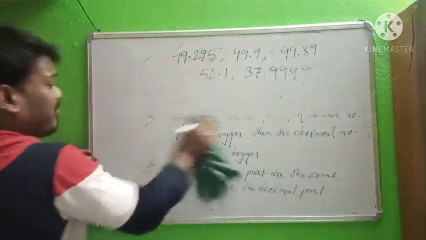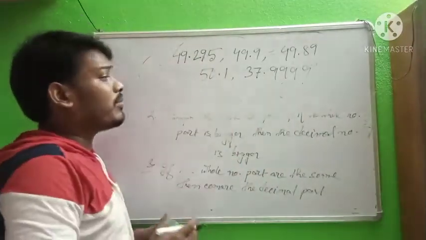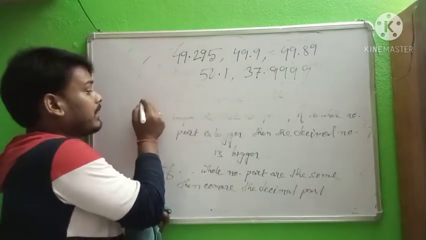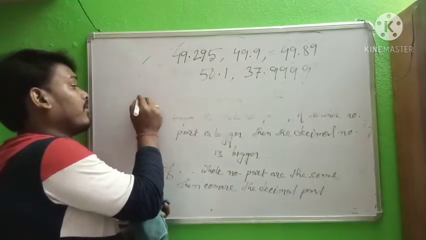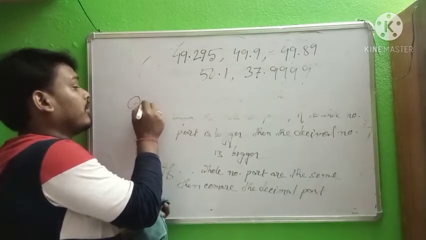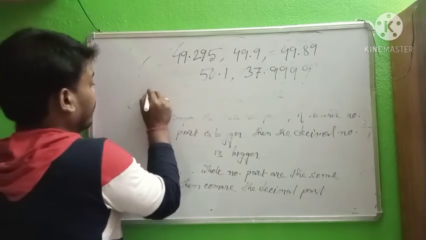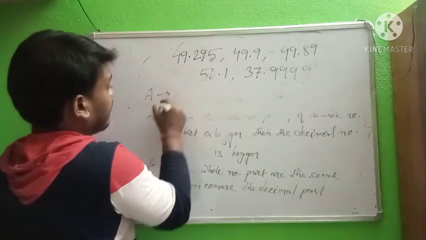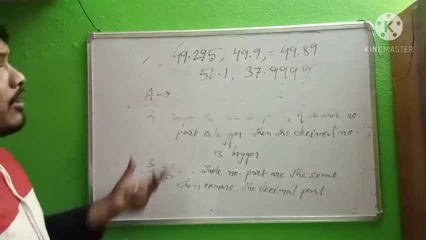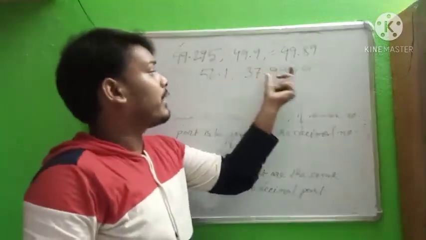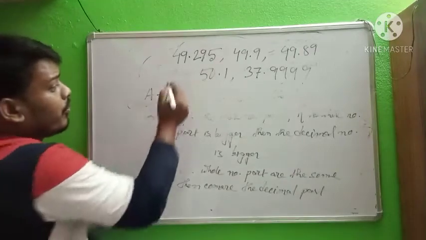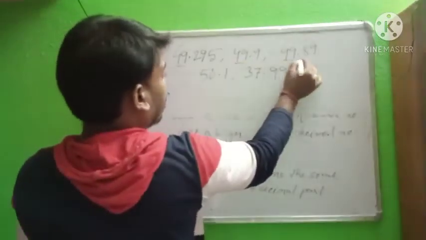So in the second process, no need to convert the decimals. First, ascending or descending? Ascending order, that means smaller to bigger. So first we compare the whole number part. Whole number parts: 49, 49, 49, 50, 37.